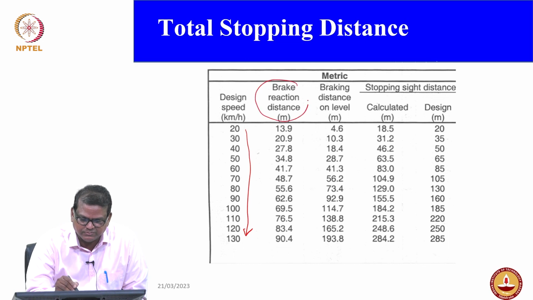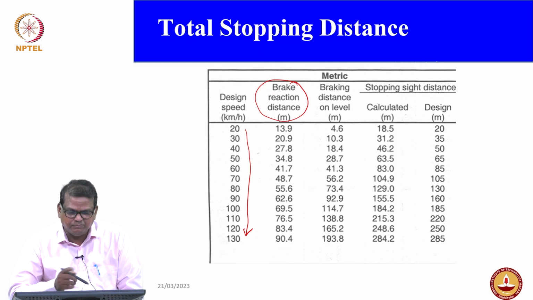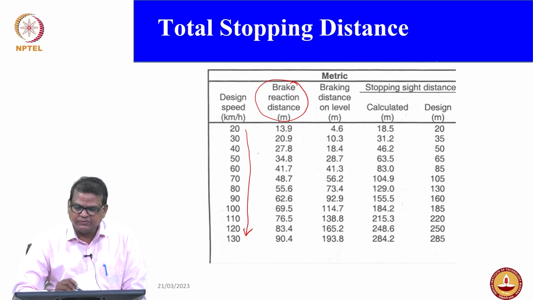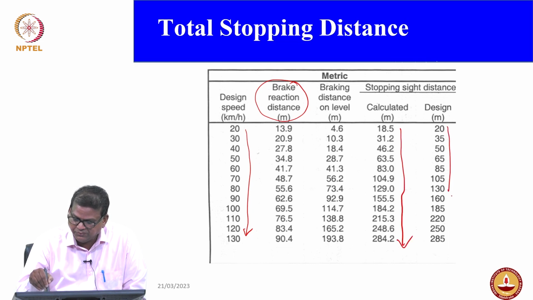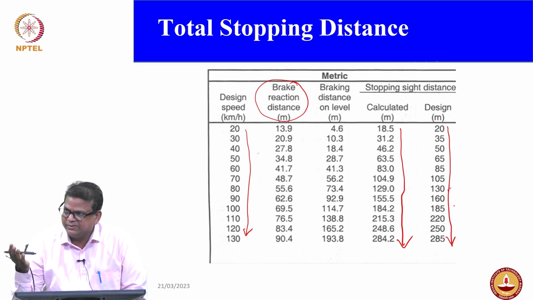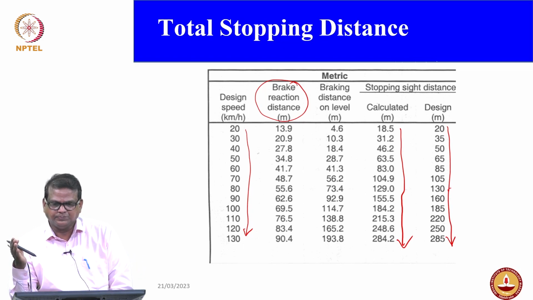This is what I was explaining earlier. This is the brake reaction time, given in terms of distance, for a level road. This is your designed value, so when you design, you have to make sure that whatever distance you get is achievable within that distance; you can't go beyond that.